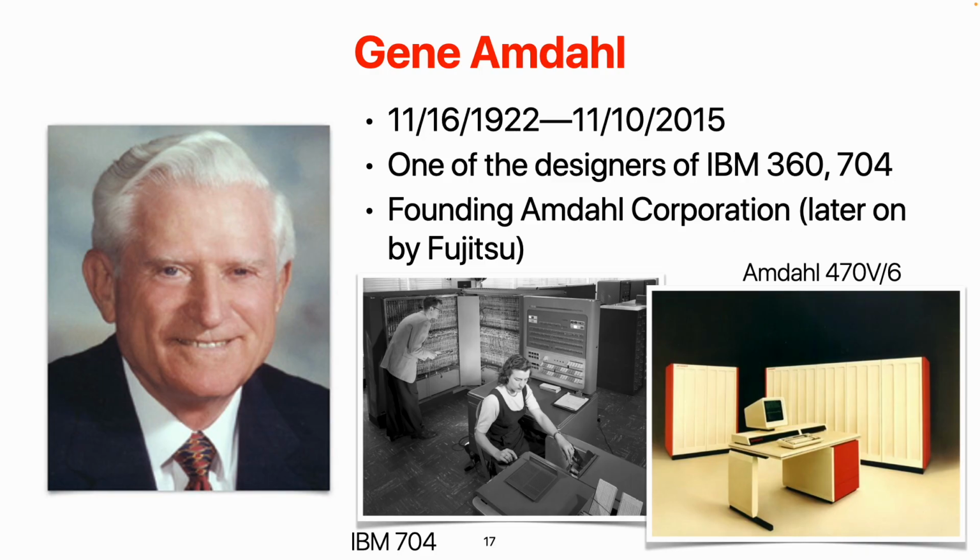This whole thing is a computer, and you have to operate the computer here. This is a big computer from the days when Gene Amdahl was an engineer. Later on, he designed a machine called the Amdahl 470 V6, and his company, Amdahl Corporation, later acquired by Fujitsu, has that machine.